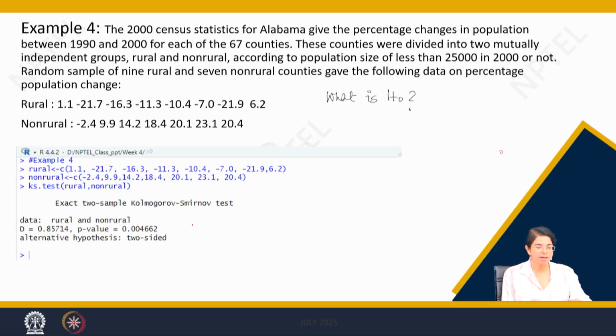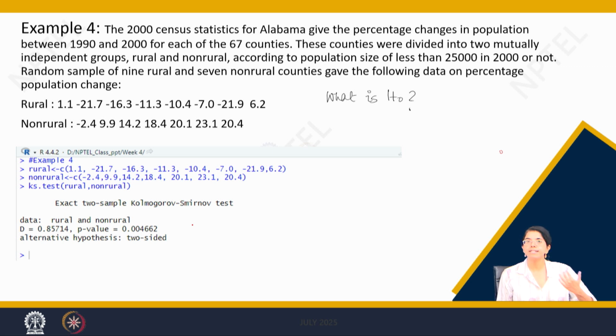So these are the rural counties, and these are the non-rural counties. Negative means that the population went down. There are two years, 1990 and 2000, so you need to check whether the population in that county is increasing or decreasing.